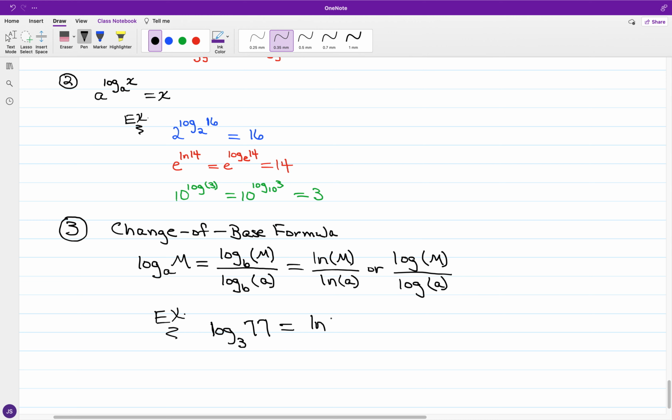I'll go with the natural logarithm on this one. If you enter it into your calculator, you'll have to enter ln twice. So we have the natural logarithm of 77 all over the natural logarithm of 3, to the nearest 3 decimal places. That's going to be about 3.954.